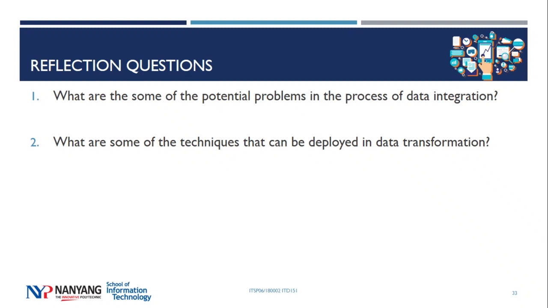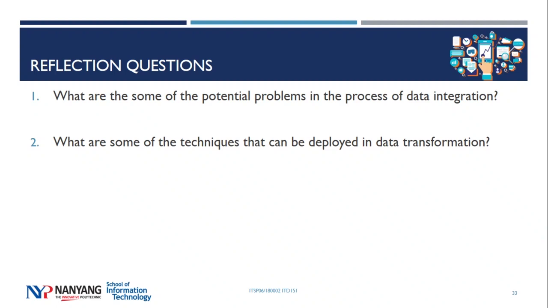For example, we need to do schema integration, and then there are entity identification issues. We need to remove redundancies, we need to look out for duplications and inconsistencies, and we also need to detect and resolve data value conflicts.